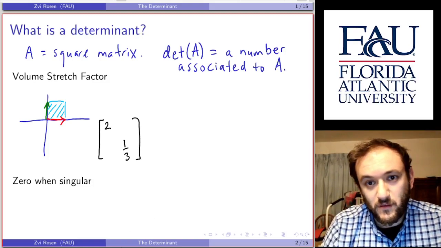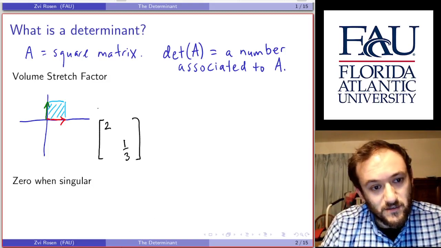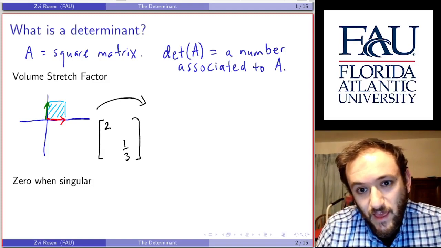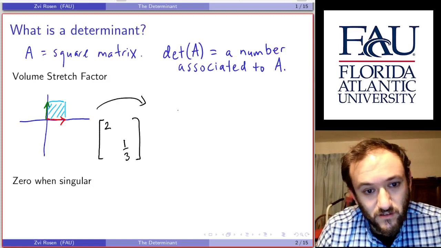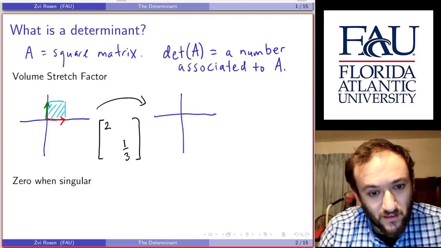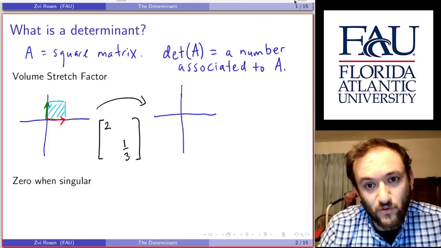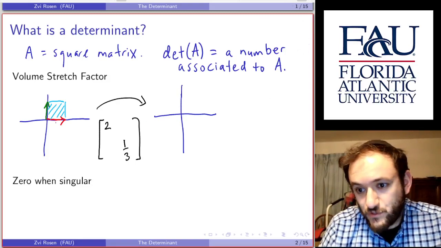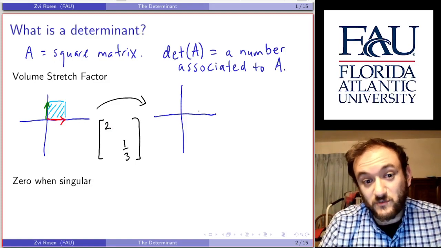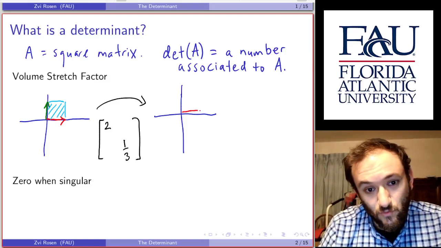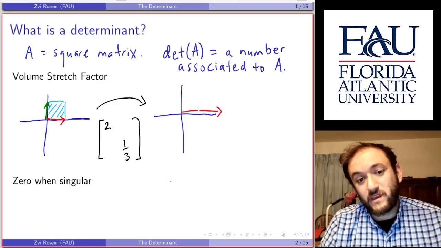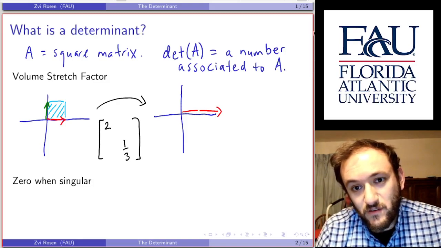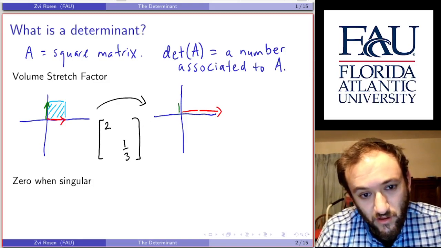Now what this does is it takes every vector here and it spits out a vector in the plane according to the following rule. The first unit vector gets scaled by 2. So instead of just a length of 1, we get a length of 2. Whereas the second unit vector gets scaled by 1/3.